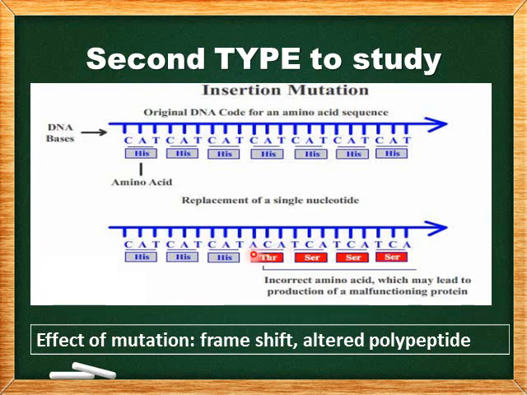So the new translation will be ACA, which codes for threonine instead of His, and TCA now for serine. And as you see, all the coming amino acids change, not only one amino acid. Why?